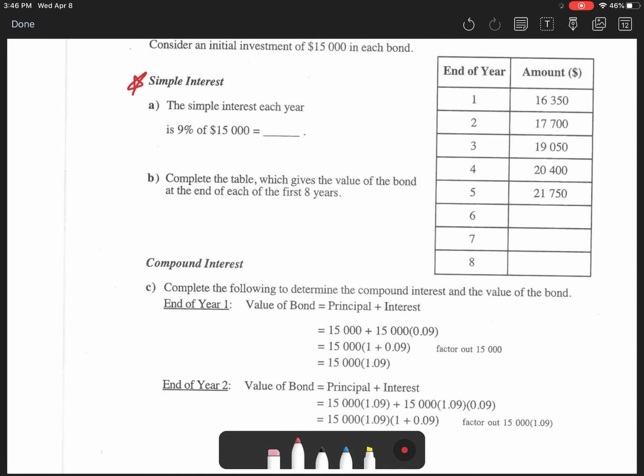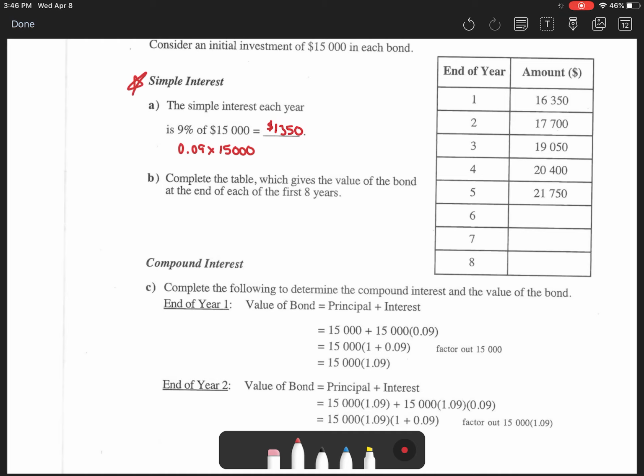Okay, so it says the simple interest each year is 9% of $15,000. So if I were to calculate that, that would just be the 0.09 times 15,000. Okay, and when I do that, that will give me $1,350.